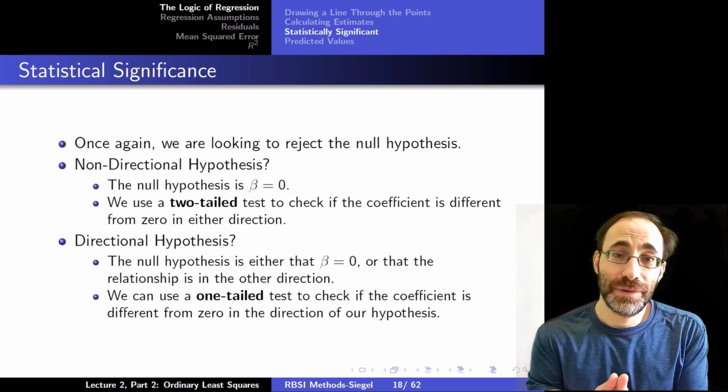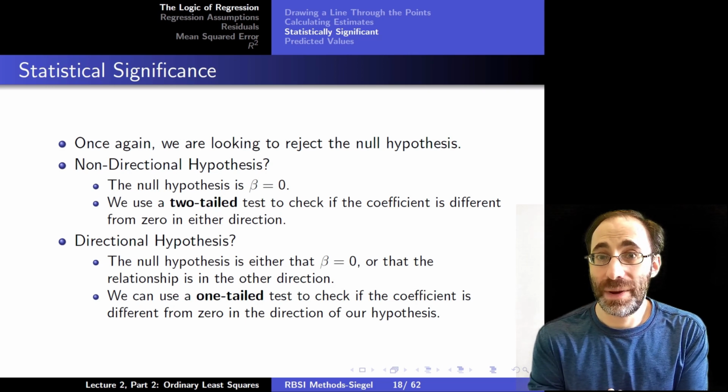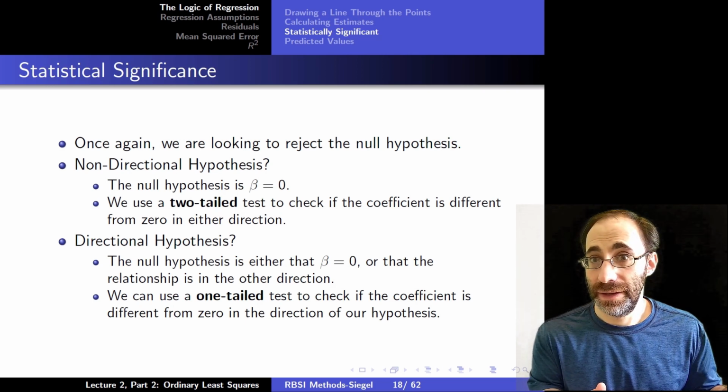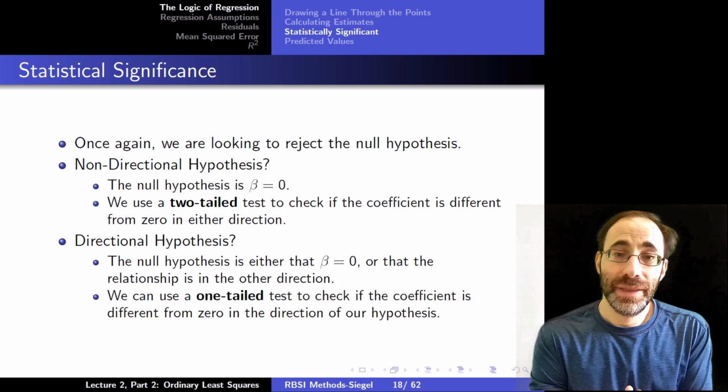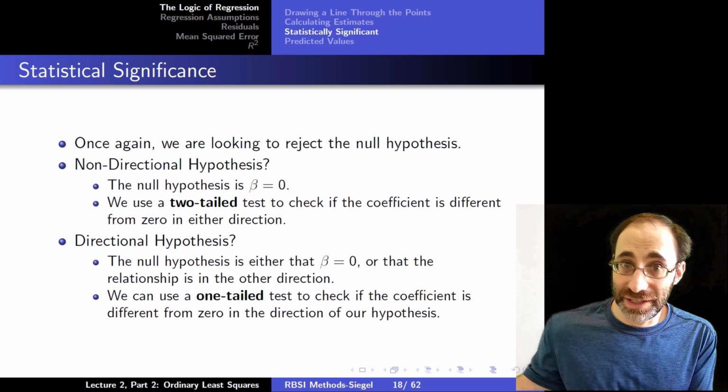Or vice versa, if my hypothesis is as I increase x, y decreases, then I'm hypothesizing a negative coefficient for beta, then my null is either 0 or positive.